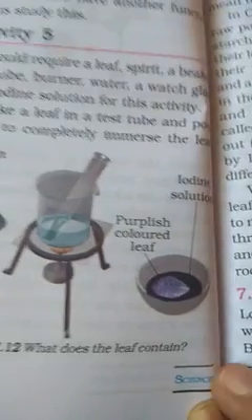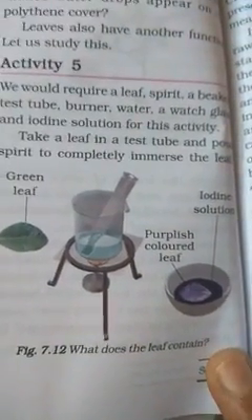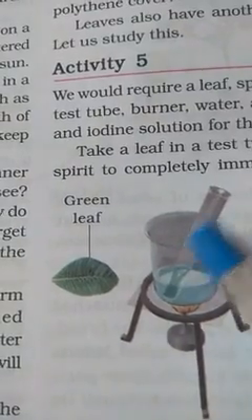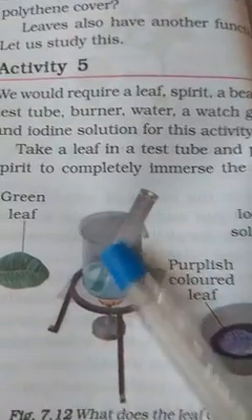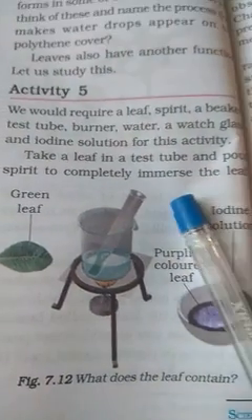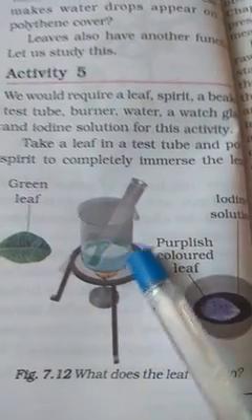Here is another activity. For that we would require a leaf, spirit, a beaker, a test tube and iodine solution. Take a leaf in a test tube. There is a leaf in the test tube and pour spirit in to completely immerse the leaf.